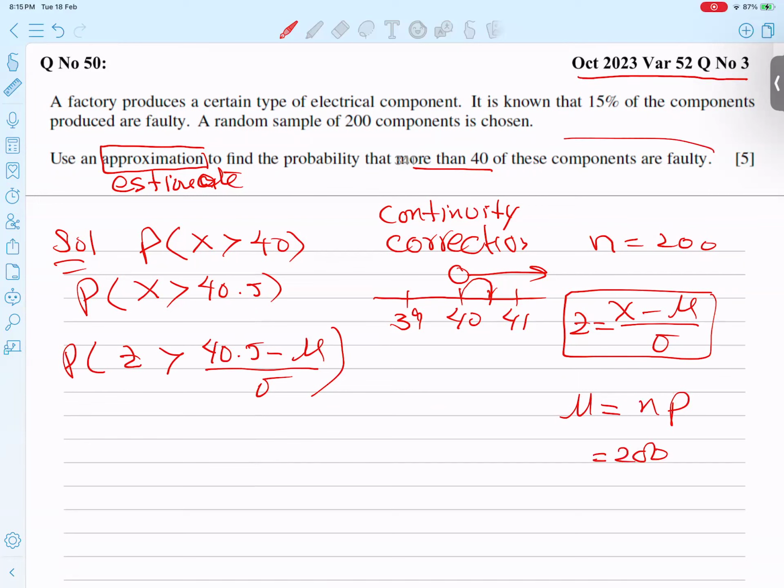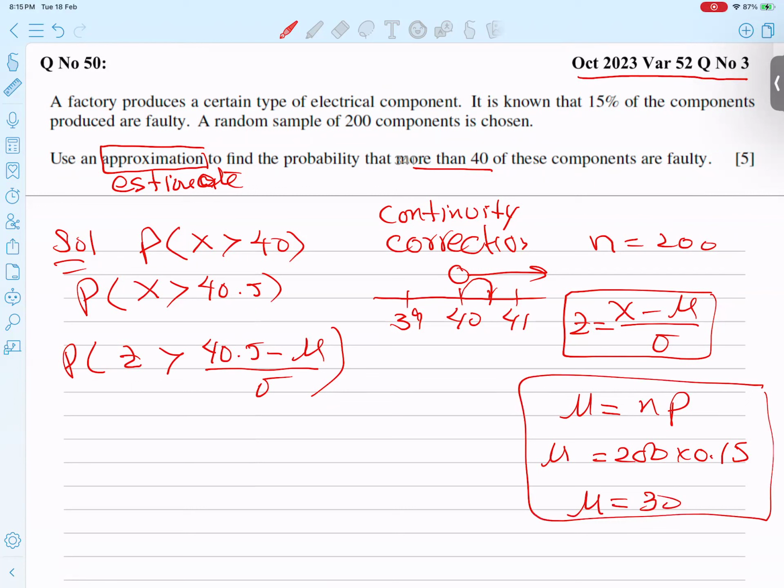And 15% of components are faulty, so P is 0.15. Let me check: 200 times 0.15 gives us 30. So the mean value is 30, and I can plug in the value in place of the mean.